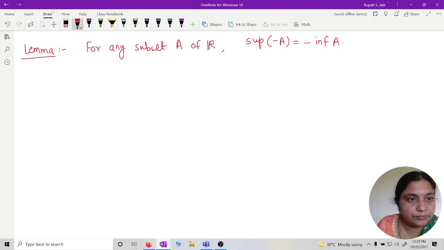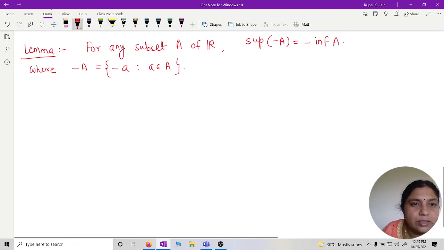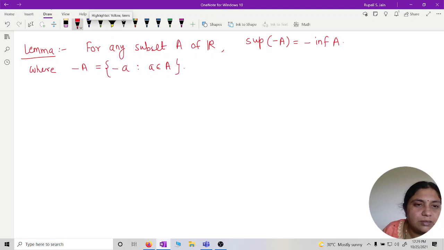Where minus A is nothing but minus a, where a belongs to A. Take some set, for example, let A equal 2, 3, 5, 7.